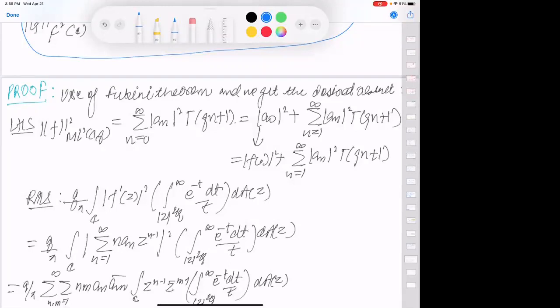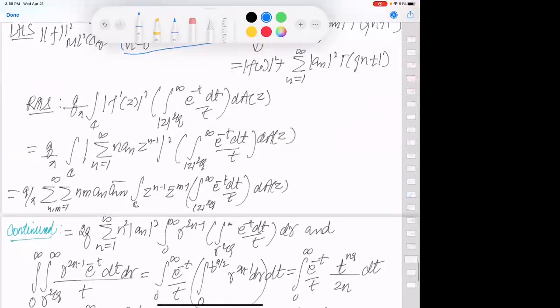So when the function is in the Dirichlet space, the structure of f becomes like this, the norm becomes like this, and you can break it into a0 squared plus the summation from n equals 1 to infinity, with a gamma function, gamma(qn plus 1), right? So now this is the left hand side.